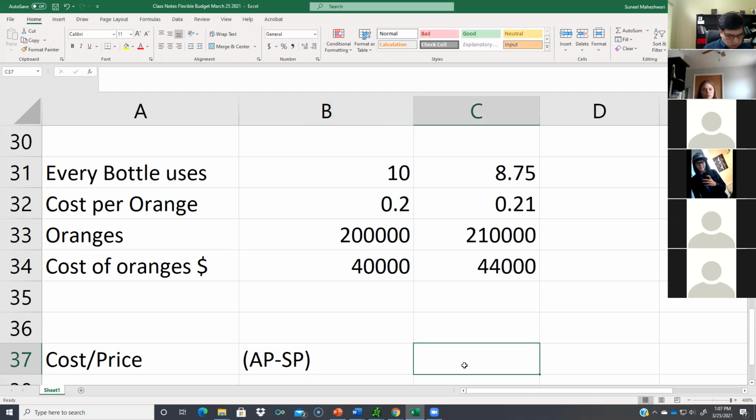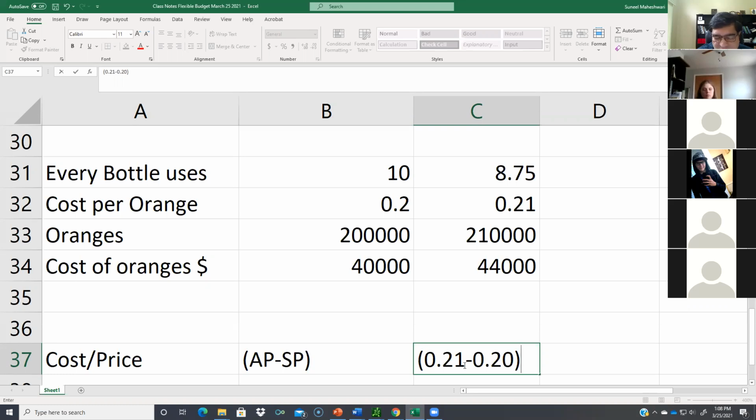So what are we saying over here? That your cost per orange, or price, whatever, we bought it, we budgeted for 20 cents, but we actually spent 21 cents, right?